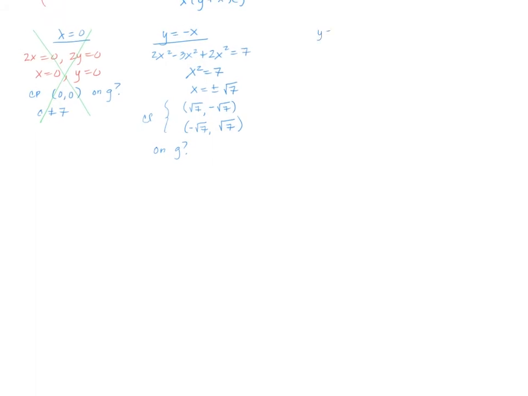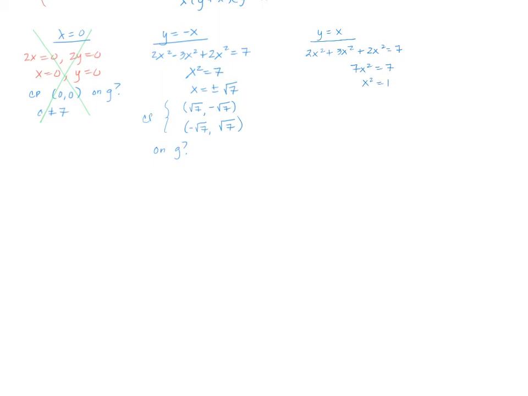Let's try y equal to x. So if y is equal to x, again I'm going to substitute x for y in my constraint to get 2x squared plus 3x squared plus 2x squared equal to 7, or 7x squared equal to 7.